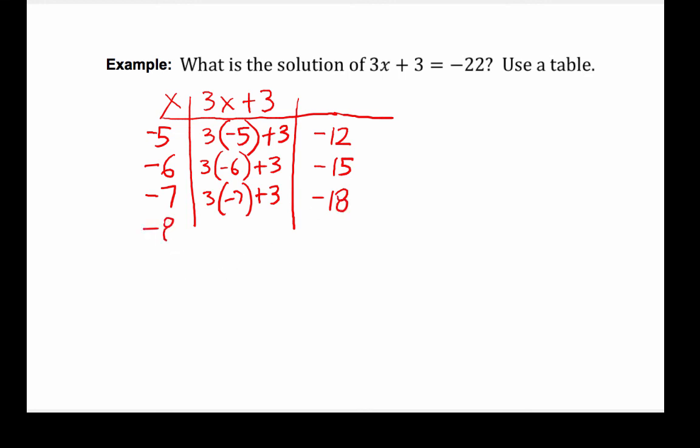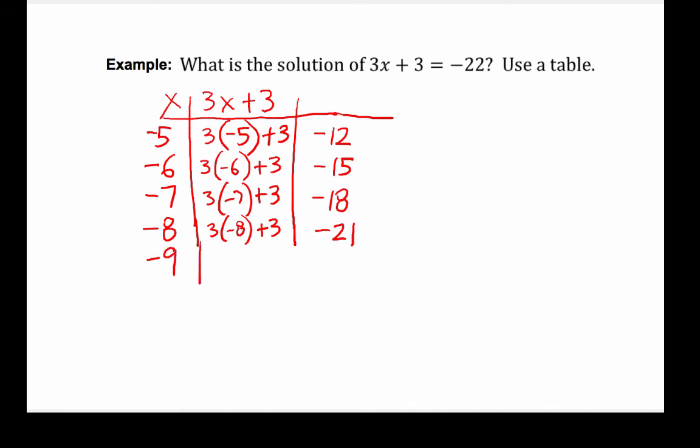If x is negative 8, 3 times negative 8 plus 3. 3 times negative 8 is negative 24, plus 3 is negative 21. And you might notice a pattern here. As x decreases by 1, our values are decreasing by 3.